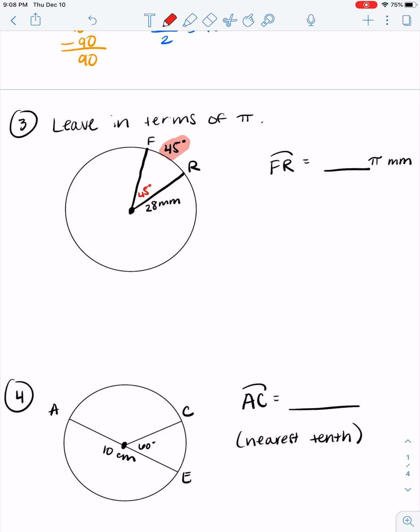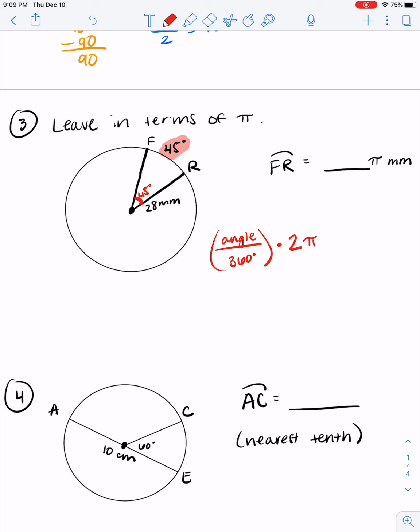Now to find arc length, I'm just going to put it in like terms here. So this is not really how the formula is written, but this is how I kind of think of it. So whatever your angle is, or whatever your arc is, so FR is 45 degrees, and then that little central angle is also 45 degrees. So 45 out of 360, the angle out of 360 times, you're finding the part of the arc.